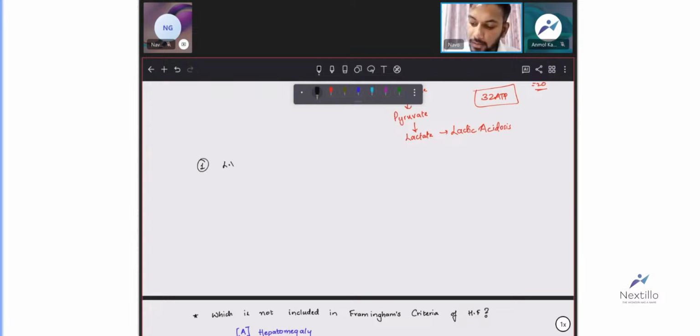Imagine that there is an LV failure. So how will you get LV failure? You guys know what is heart attack? It is equal to myocardial infarction.